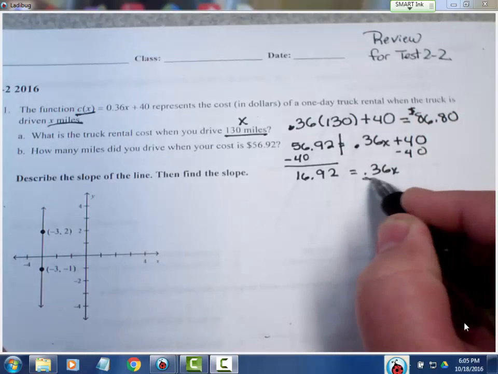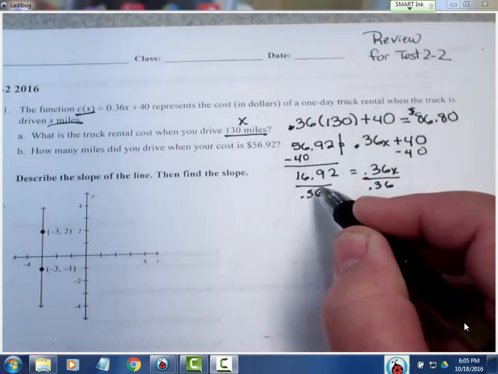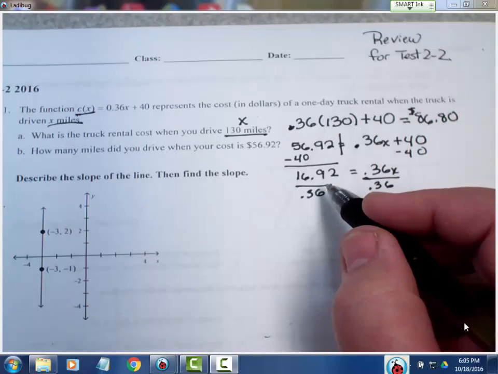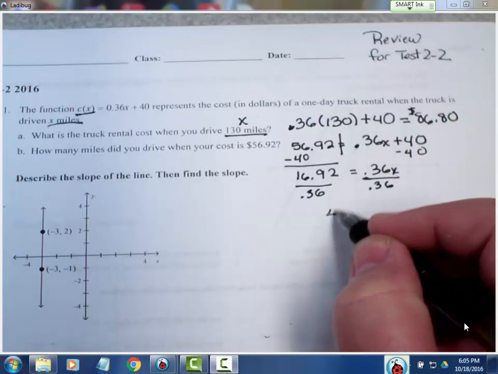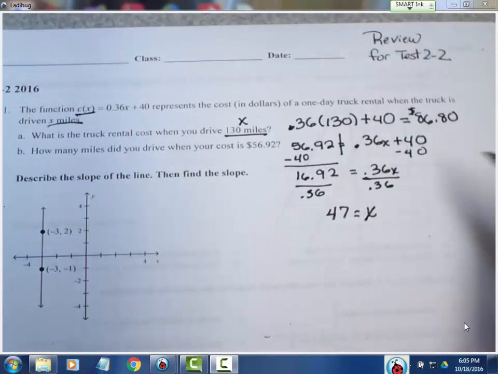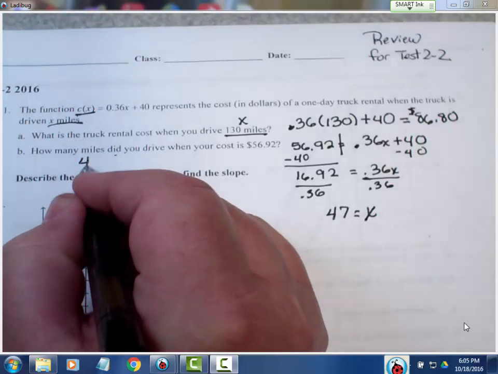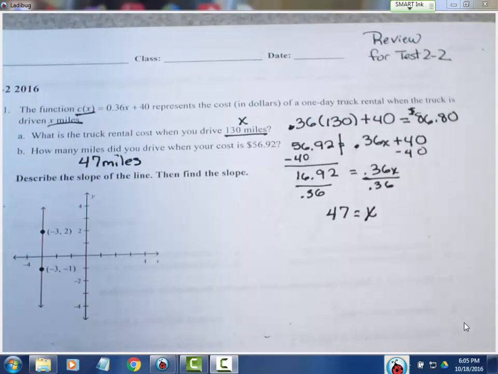We would then divide both sides by 0.36. And we get 47. So x would be 47, or how many miles did you drive? You drove 47 miles.